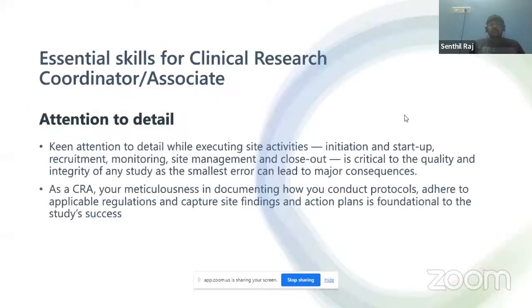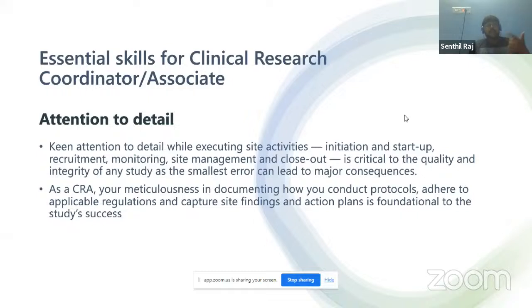Then coming to attention to detail, you should be more vigilant in your work activities. Majority of the time I'll be doing site initiation or study startup, where we will see whether the site is fully equipped for clinical research to happen.